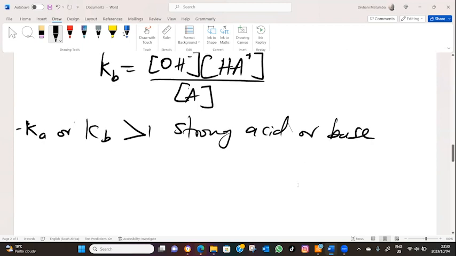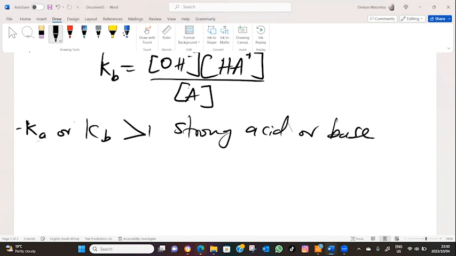That means if the Kc is greater than 1, it means the ionization is very strong. It means there's more product formed during the ionization.